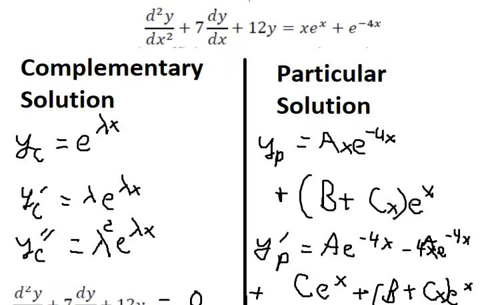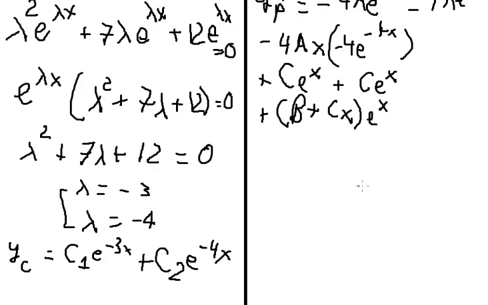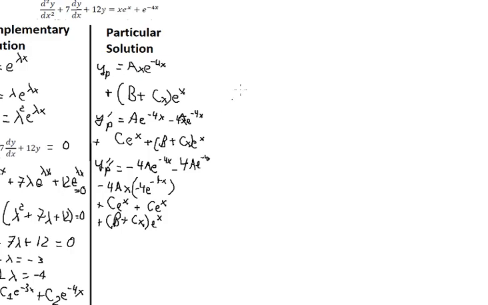Now we put everything in here. So that should be negative 4a with negative 4a, we have negative 8a e to the power of negative 4s.